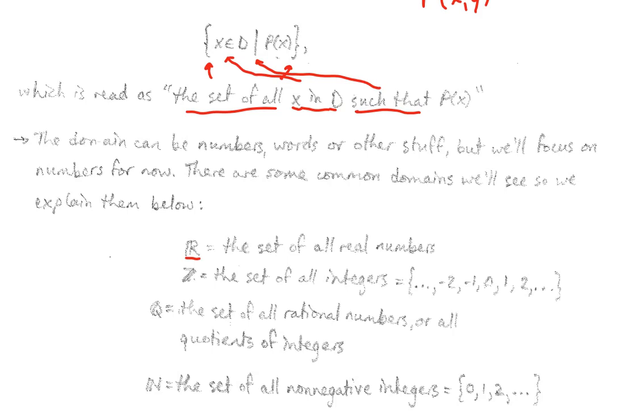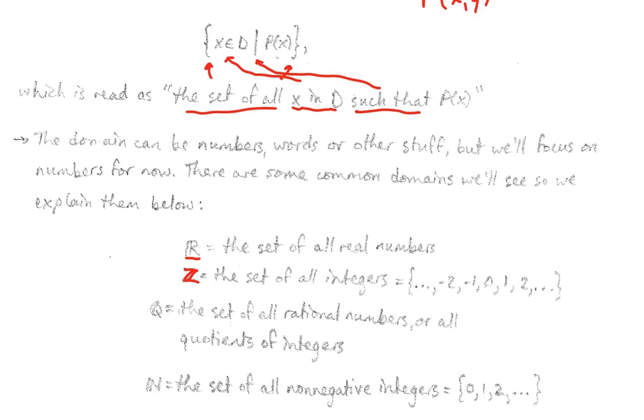So 0, 1, 2, 3, 4, 5, all the way going up, and then also -1, -2, -3, -4, going on all the way back down. We symbolize this set with a funky capital Z. It actually looks something like that. Looks like a capital Z, except there's another diagonal line going through the middle.